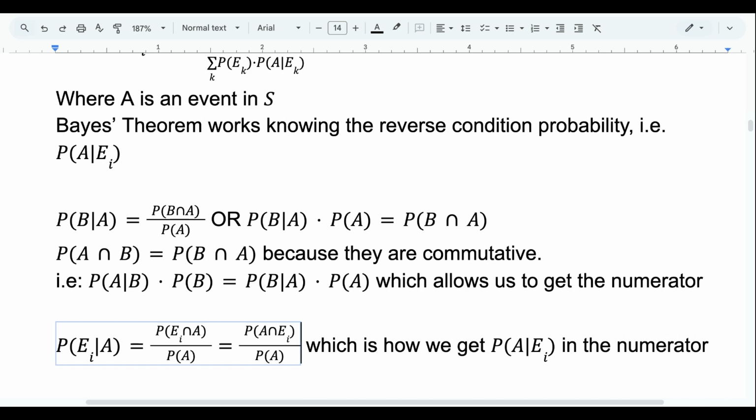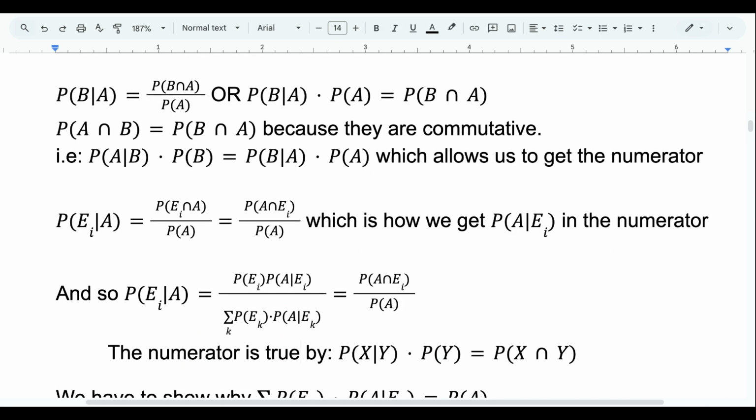So this allows us to get this reversal into the numerator. And so we have here that the probability of E sub I given A, using the conditional probability formula, is the probability of the intersection divided by probability of the given.